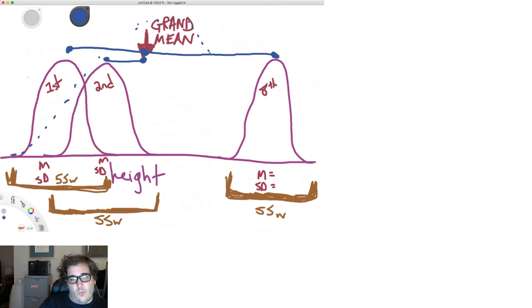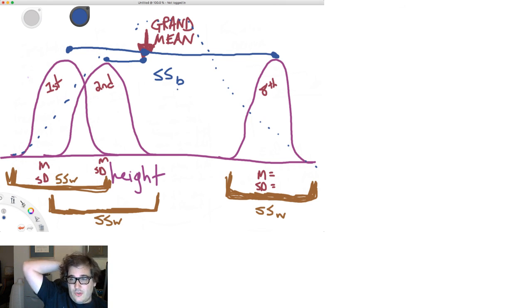Right? One big distribution that centers on the grand mean. I didn't really draw it very well. But you can imagine that there's one distribution of all the scores which surrounds the grand mean. So how much variance is there between your groups and the grand mean? And that's sum of squares between. So that's between your groups and the grand mean.